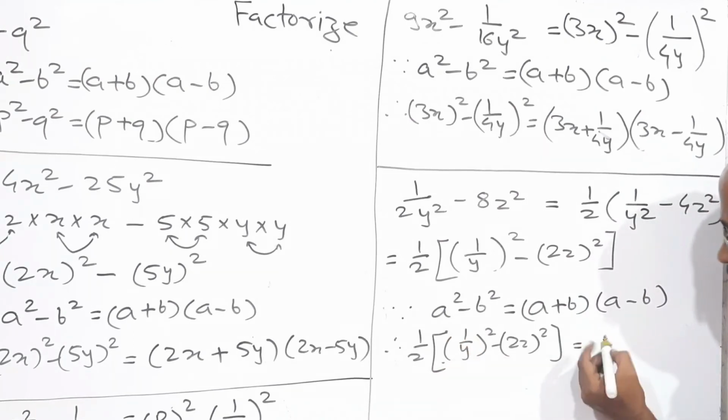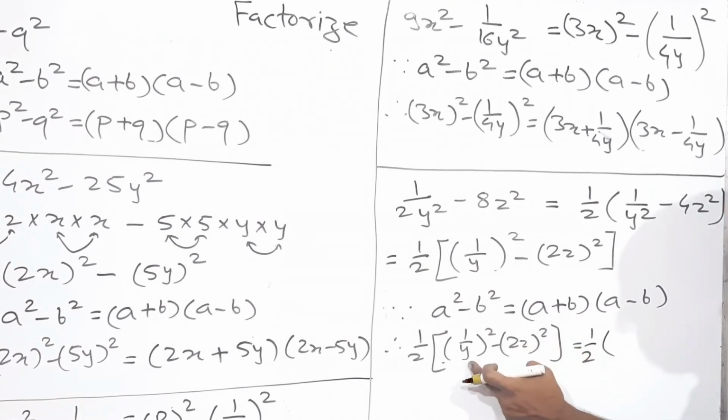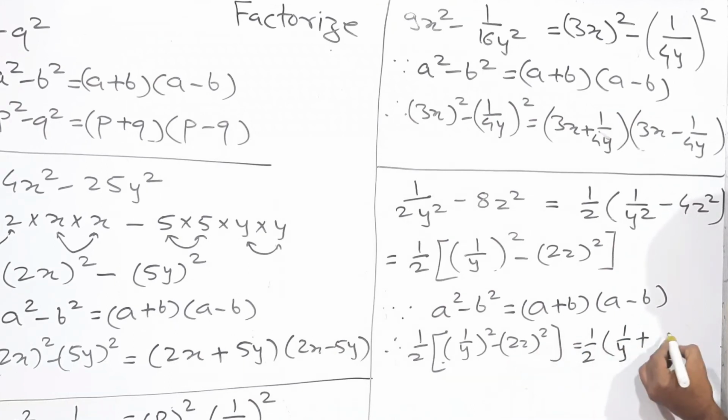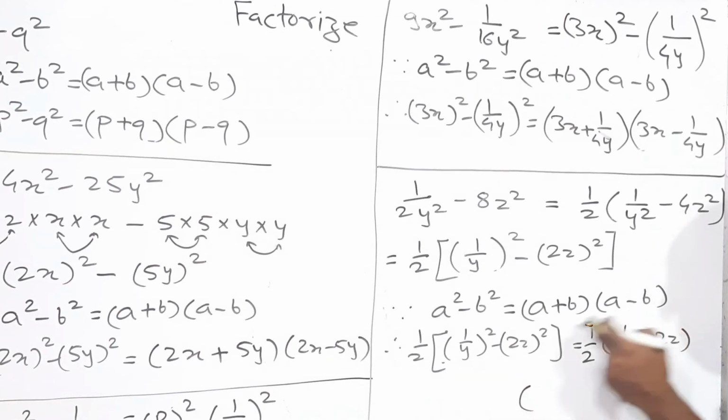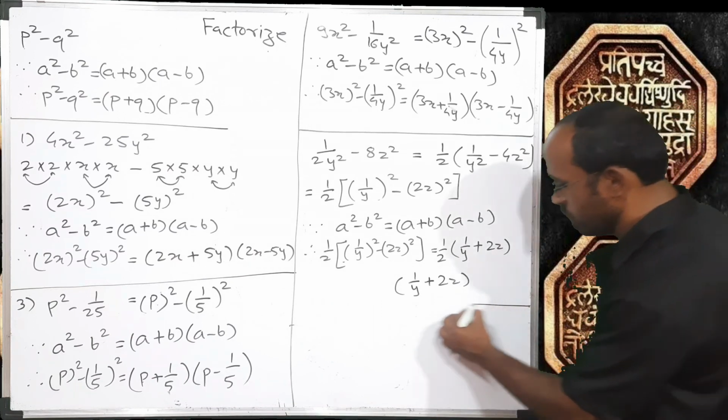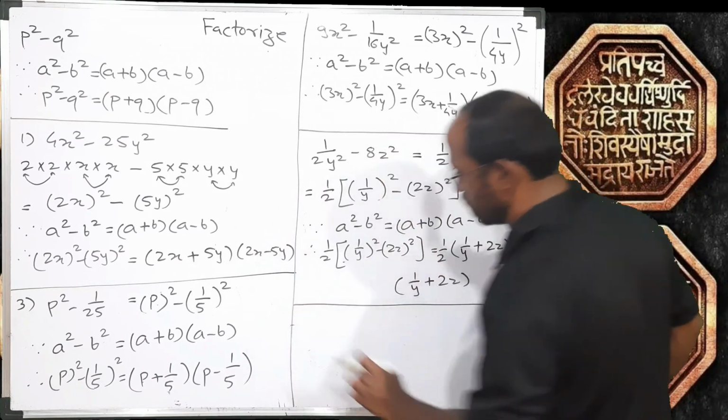So this part will be as it is, 1 upon 2 multiplied by a plus b, a is nothing but 1 upon y, plus b is nothing but 2z, clear, multiplied by a minus b, a is nothing but 1 upon y, minus 2z. Clear students up to this? I hope it is clear. If you have any doubt, please ask me in the comment section. I will make it clear.